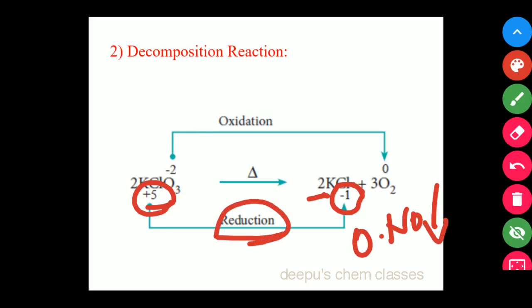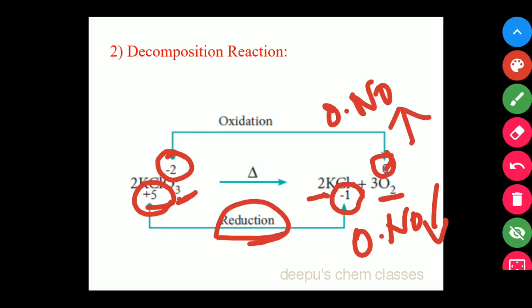Then the oxidation number of oxygen in potassium chlorate is actually -2. But the oxidation number of oxygen on the product side is 0 because it is in elemental form. So -2 to 0, that is minus charge to plus charge. It indicates the oxidation number increases.